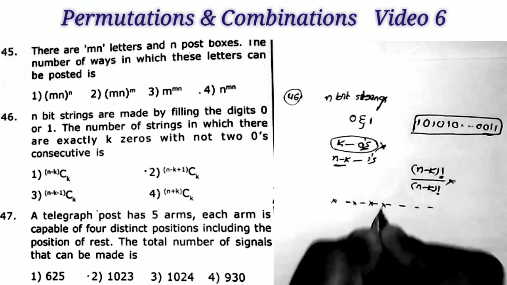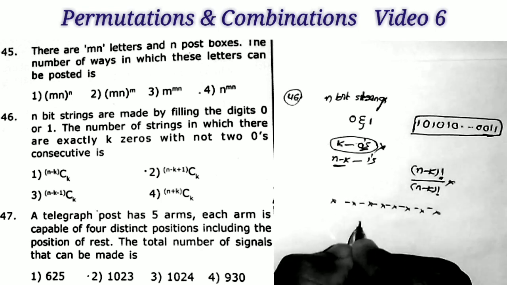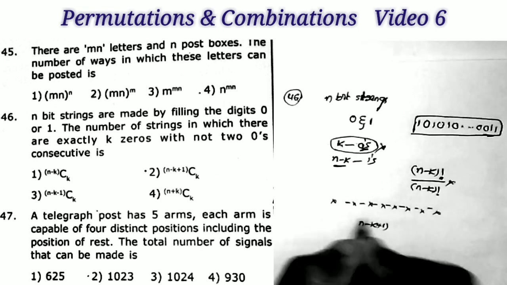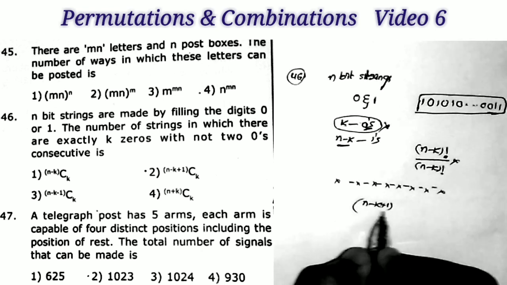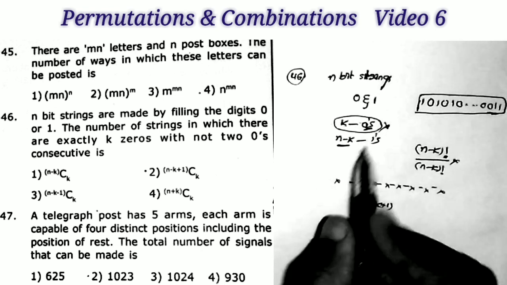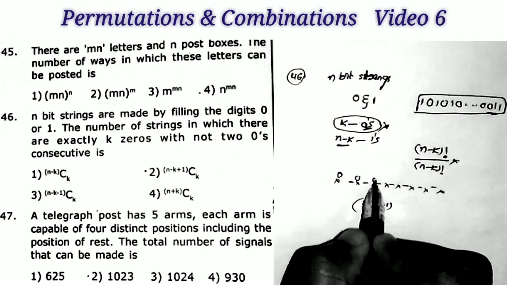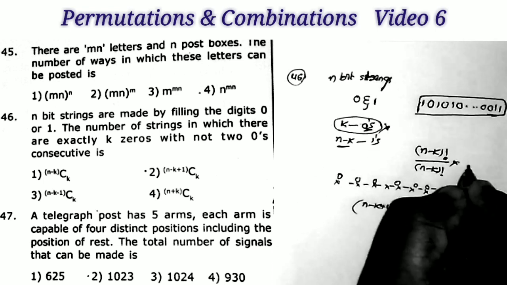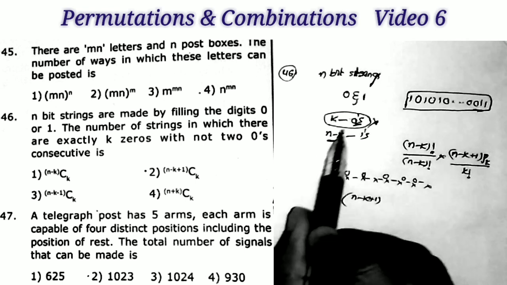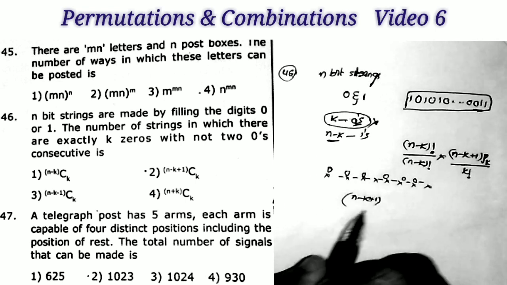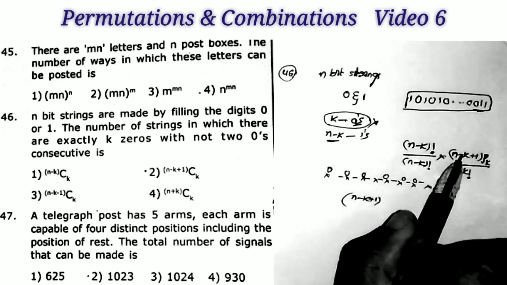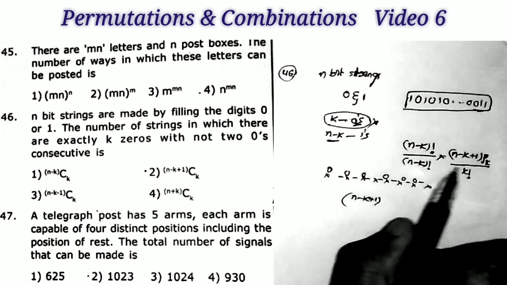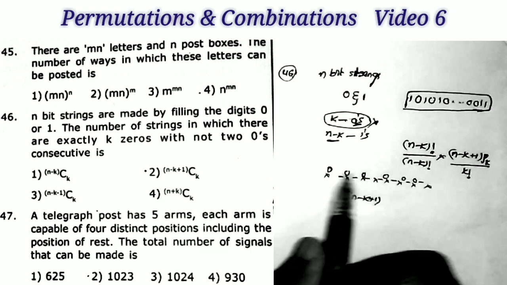The number of gaps is equal to n minus k plus 1. Now we have to arrange the zeros in these gaps. In these gaps we have to fill the k zeros. That can be done in n minus k plus 1 Pk, divided by k factorial because all the zeros are the same.